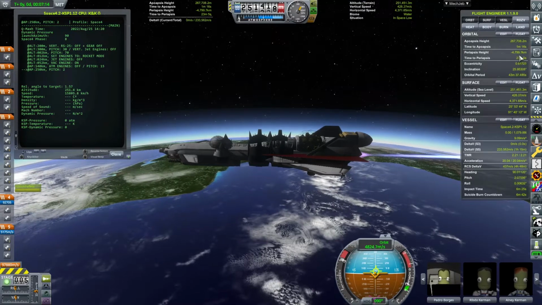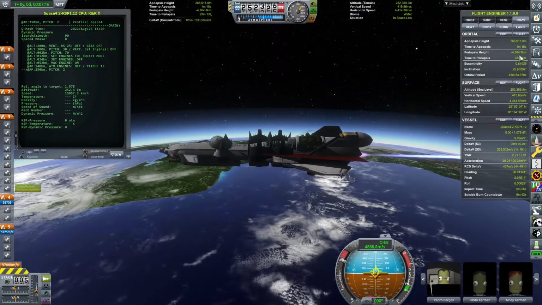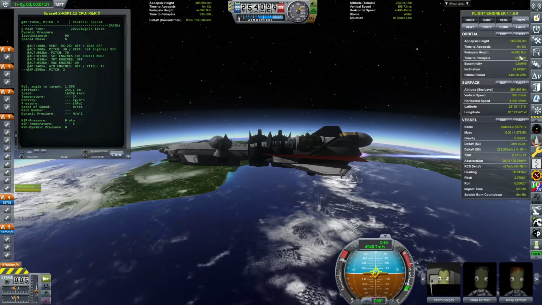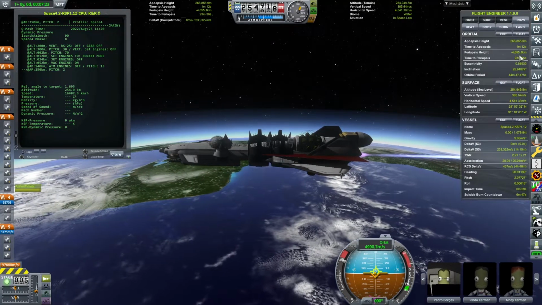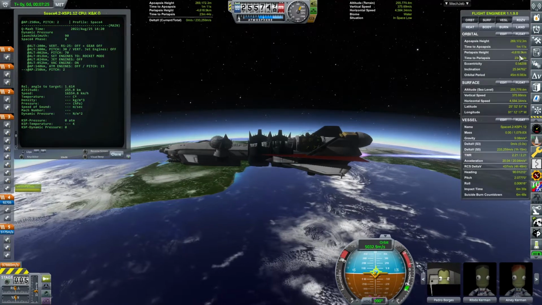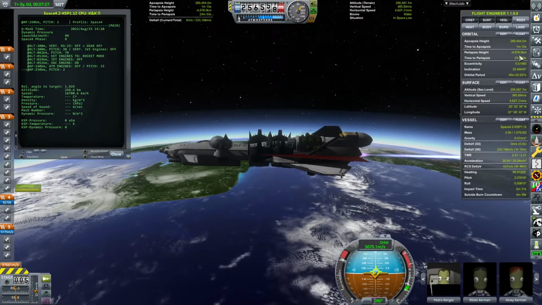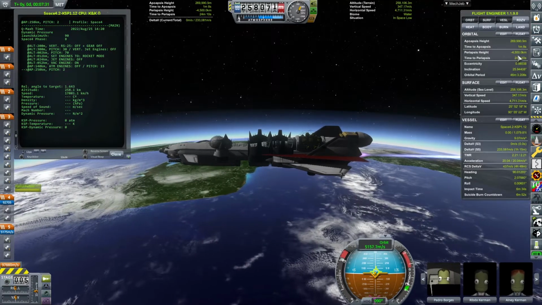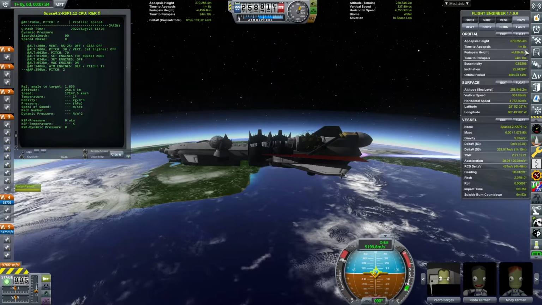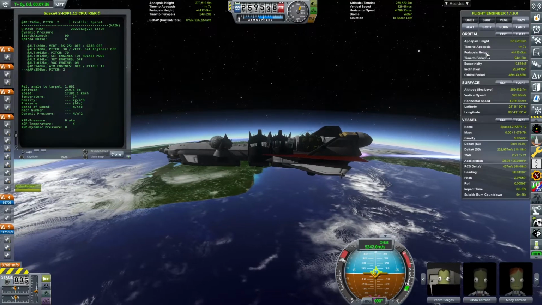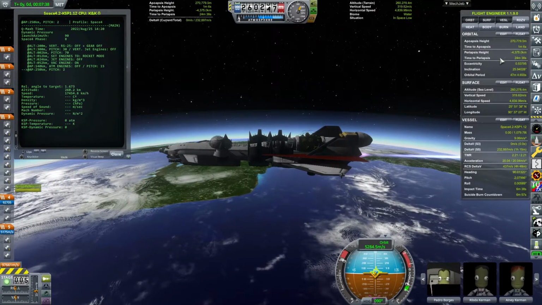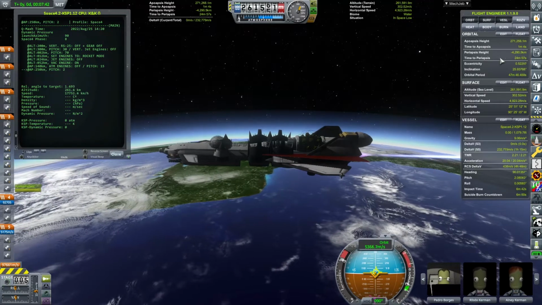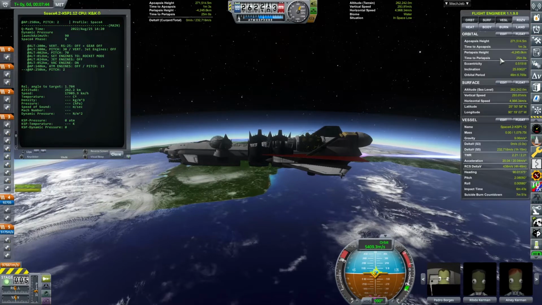So we are in the most efficient point of our suborbital trajectory right now. Even if you see the periapsis, it's increasing very fast because we are decreasing the time to apoapsis, and that allows us to get to orbit relatively quickly.